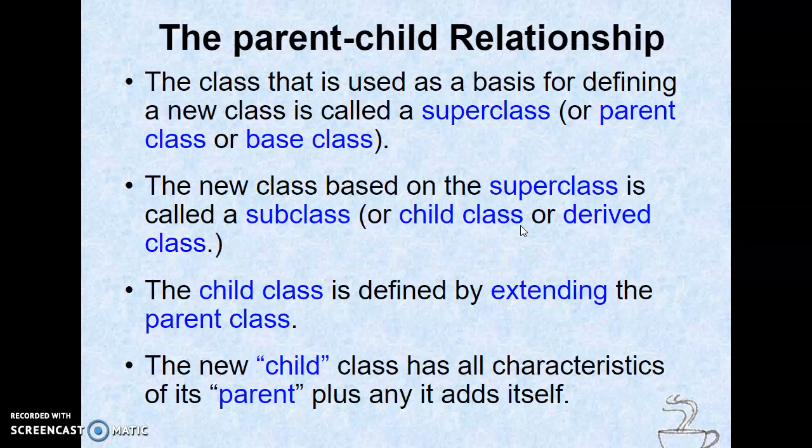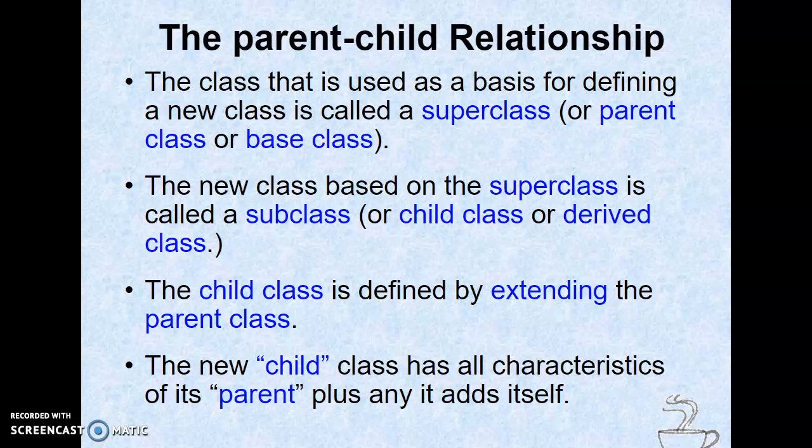The class that's used as a basis for defining a new class is called the superclass or the parent class or the base class. I'm going to use superclass a lot, but I think it's really great to think about it as a parent class, because anything that comes underneath the superclass, which is called a subclass, would be like the child of a parent class.